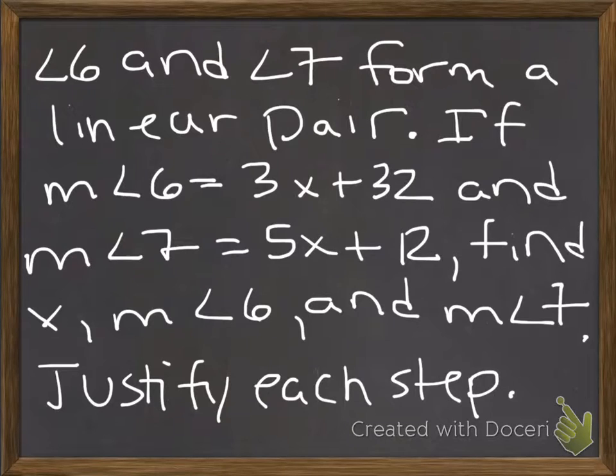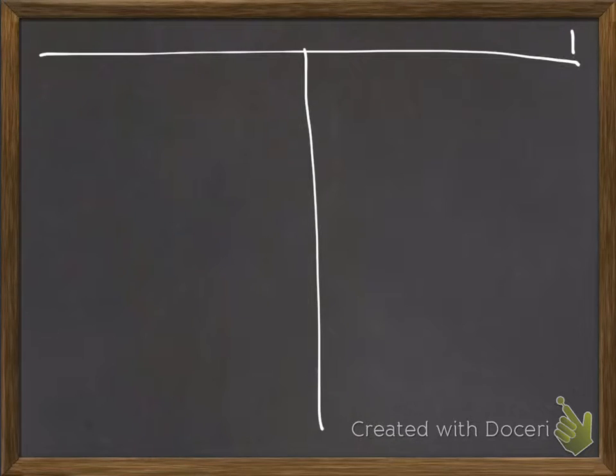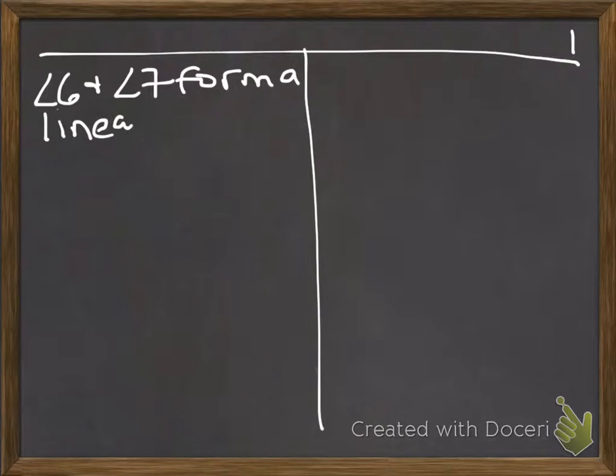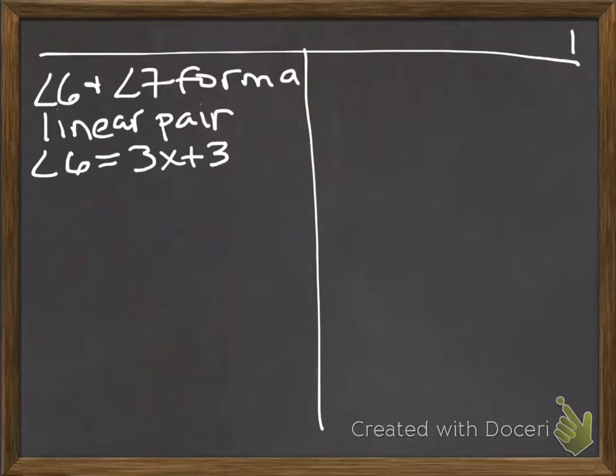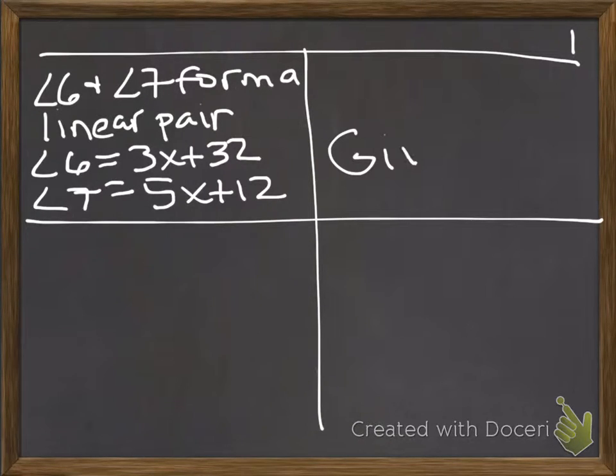So if we set this up as a 2-column proof, we have the givens, which is angle 6 and angle 7 form a linear pair, and angle 6 equals 3x plus 32, and angle 7 equals 5x plus 12. That's going to be our given.